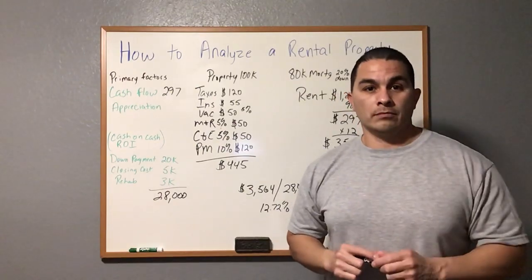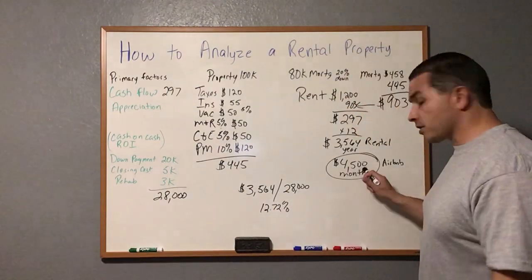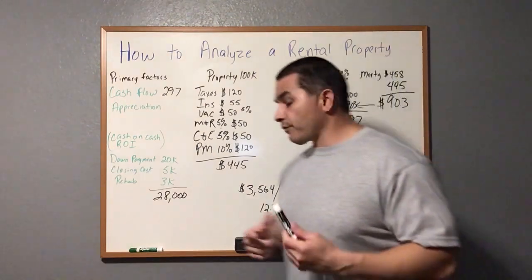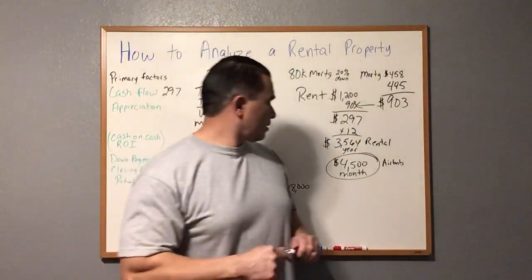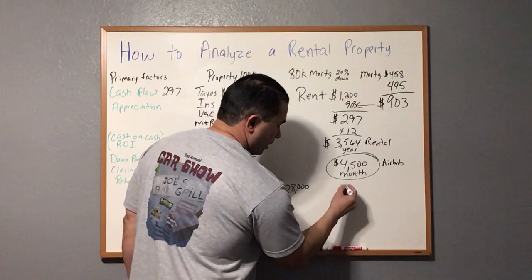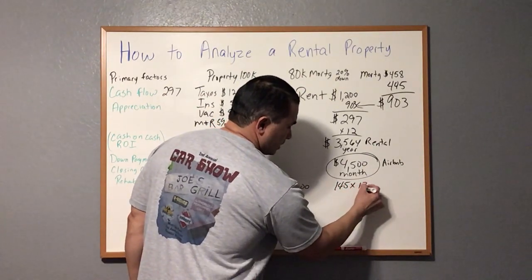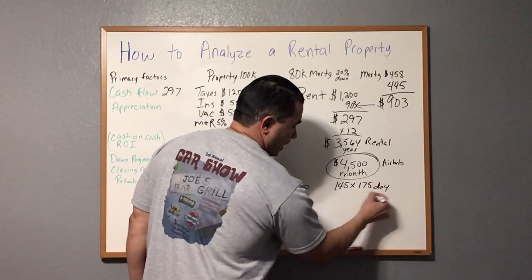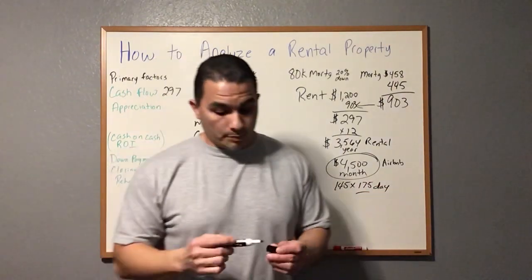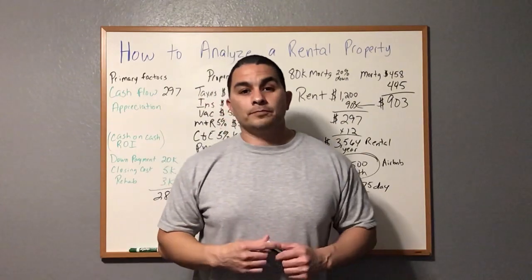And I believe this figure is a little higher than this. It's just a figure that I came up with because I know ours, you can rent from $145 a day up to $175 a day and higher. It all depends on the time of year as well.